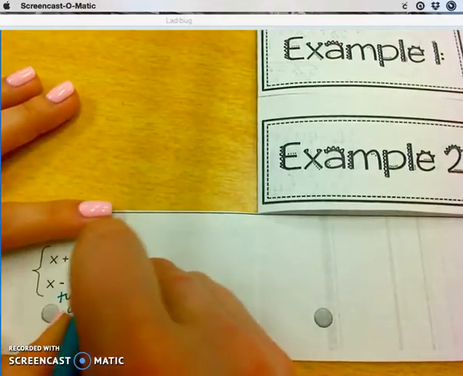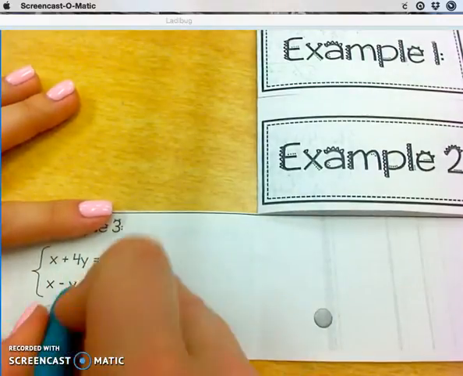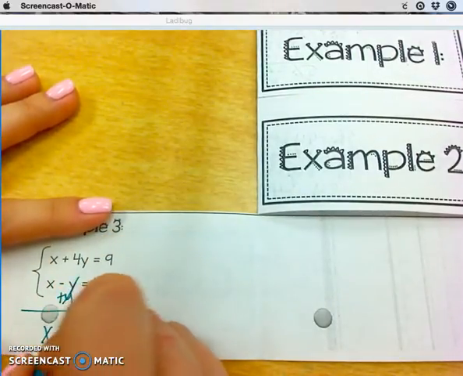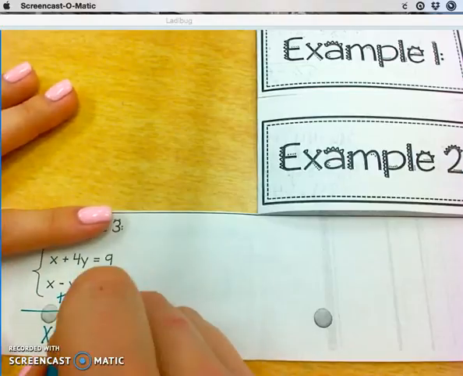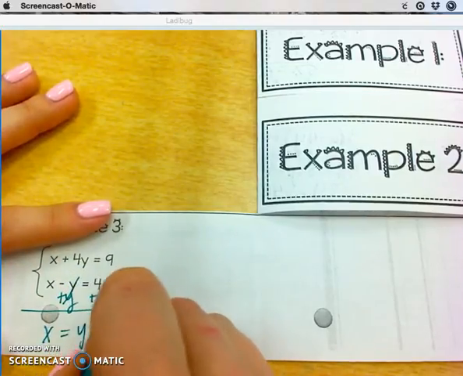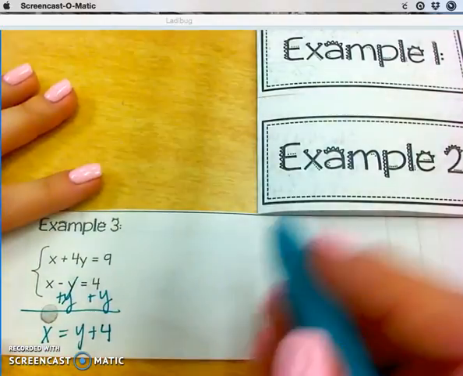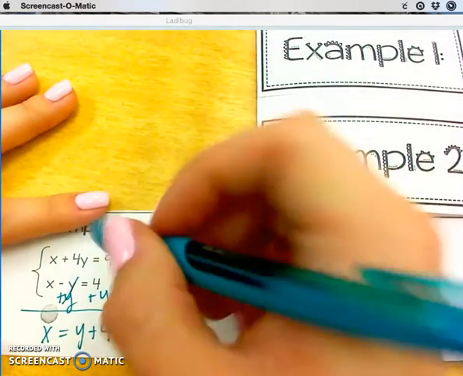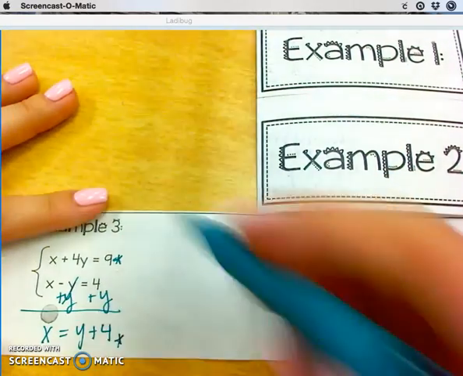I don't have to deal with any negatives. So then I'm left with x equals y plus 4 or 4 plus y. So I'm using this equation at the top and this equation at the bottom.